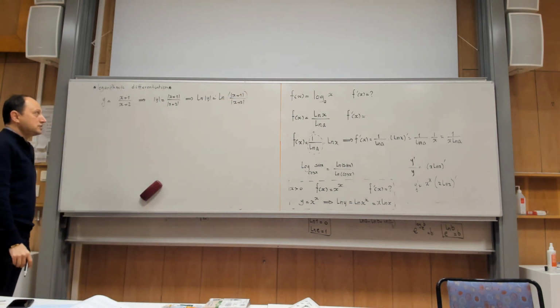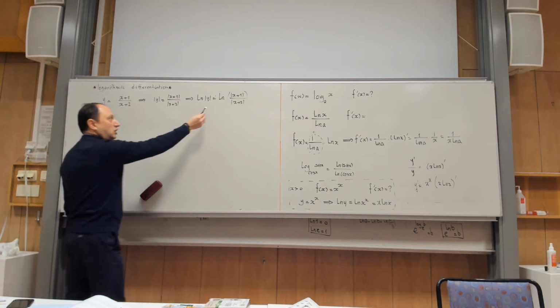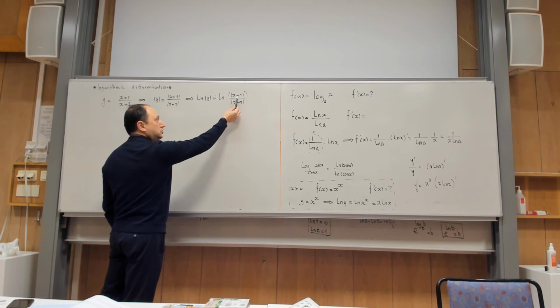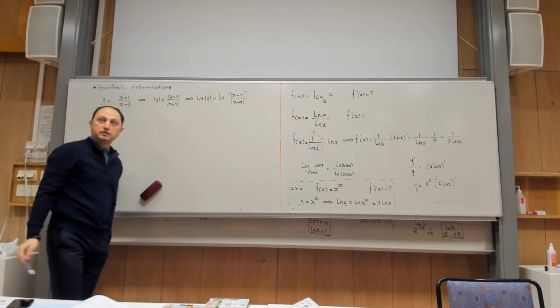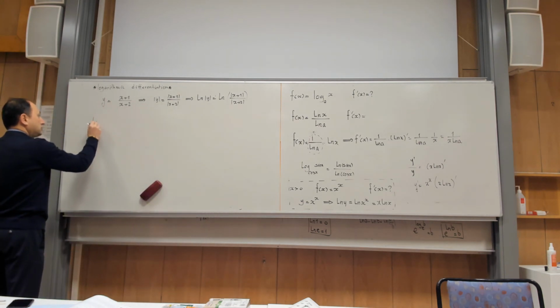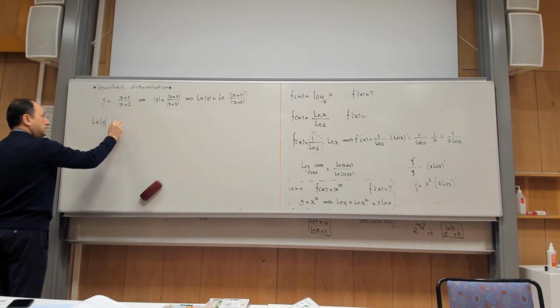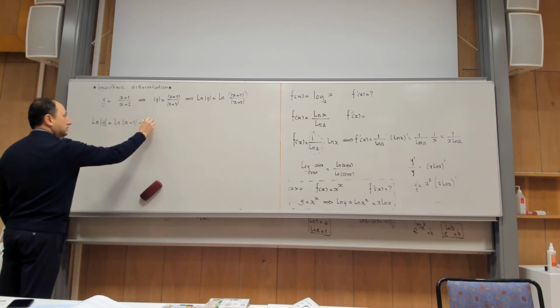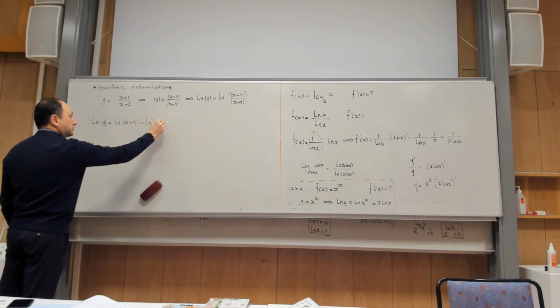But the interesting thing is, ln of a fraction, do you remember from Math 3C? It becomes ln of the numerator minus ln of the denominator. So if I continue, it becomes ln of absolute value of y equals ln of absolute value of x plus 1 minus ln of absolute value of x plus 2.